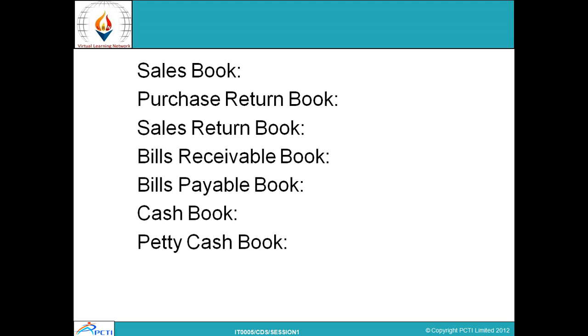Coming to petty cash book. Now what happens in a large organization? Petty expenses like day-to-day expenses such as stationery, postage, stamps, refreshment, carriage, cartridge, daily wages, etc. are recurring costs incurred on a day-to-day basis.